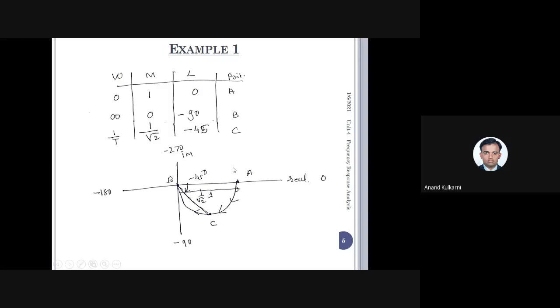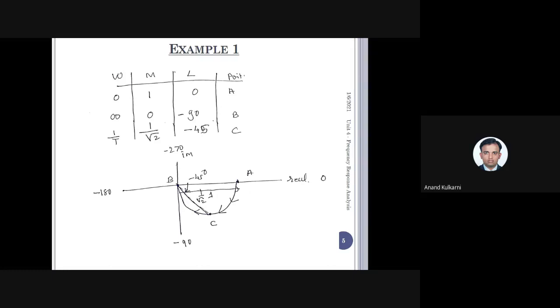So in between, what happens? Is it a straight line plot or something different? For that I have to take some other point. This comes under what are known as standard polar plot sections. The standard polar plots you have to remember, which I will show you on a sheet at the last, and you can easily remember them.